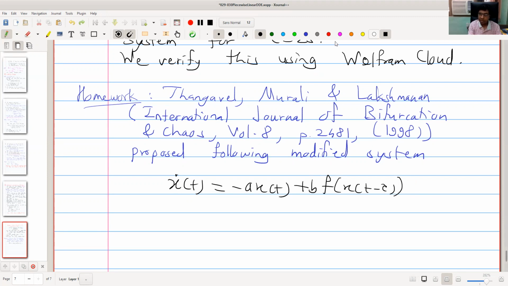Everything else is the same as the previous system, where c greater than 0 is a constant and all other things, a, b, tau, f, are the same as above.